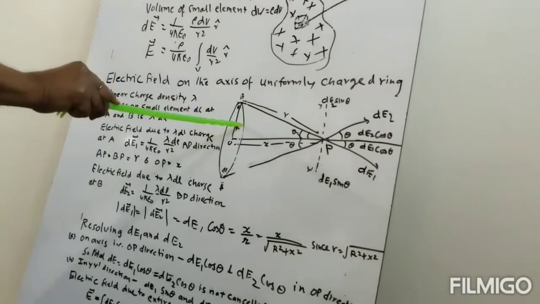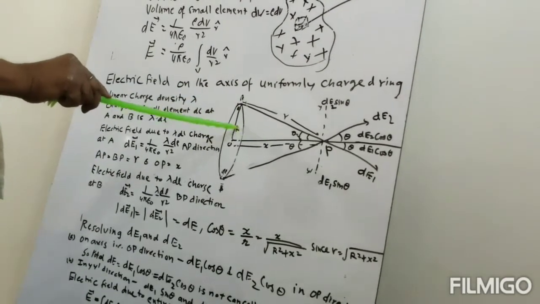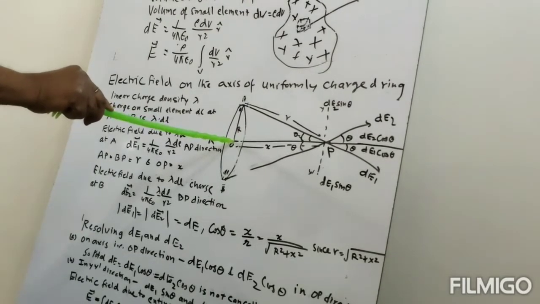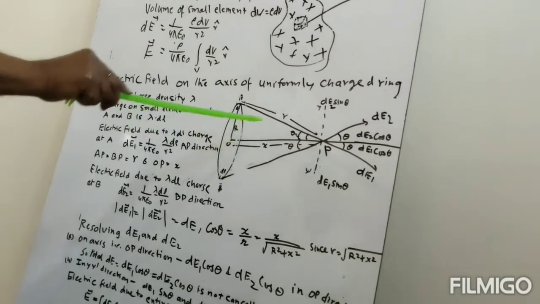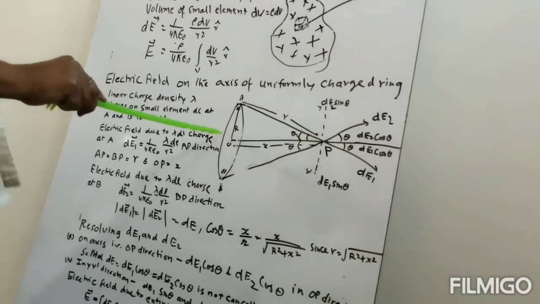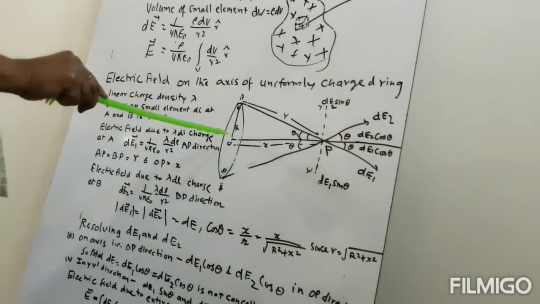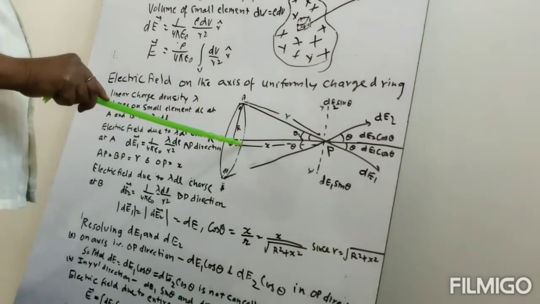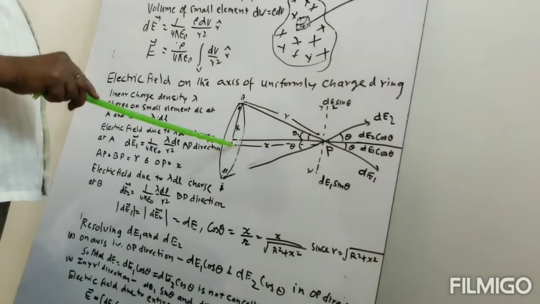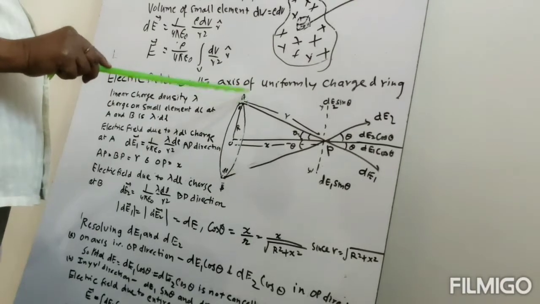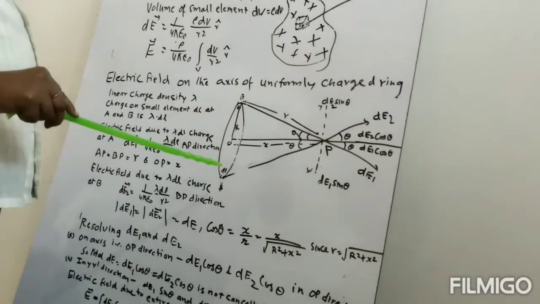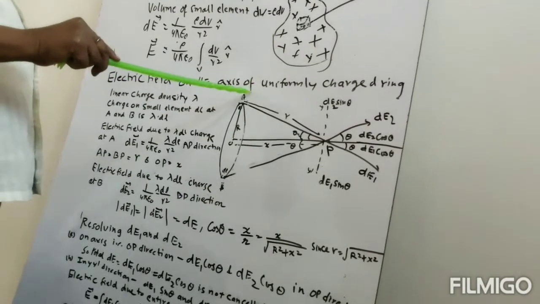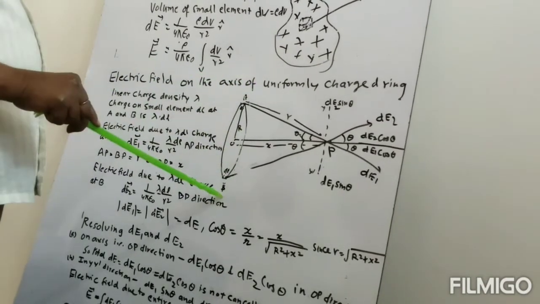If capital R is the radius of this ring and O is its center, and we want to find the electric field at point P, which is at a distance x on the axis. For this, we will consider two elements, one at A and another at B. The lengths of these elements are equal and they are in opposite directions.